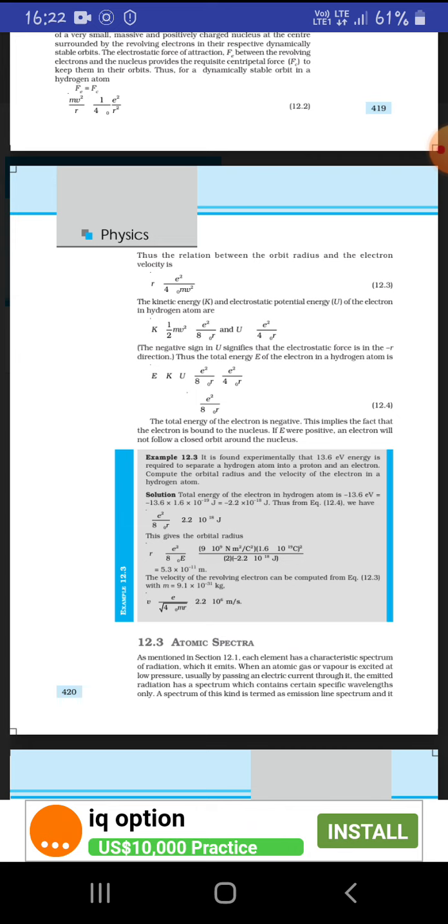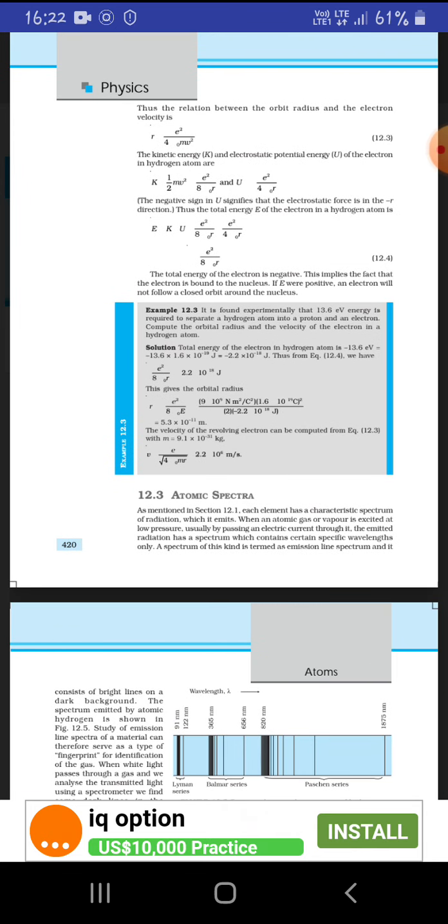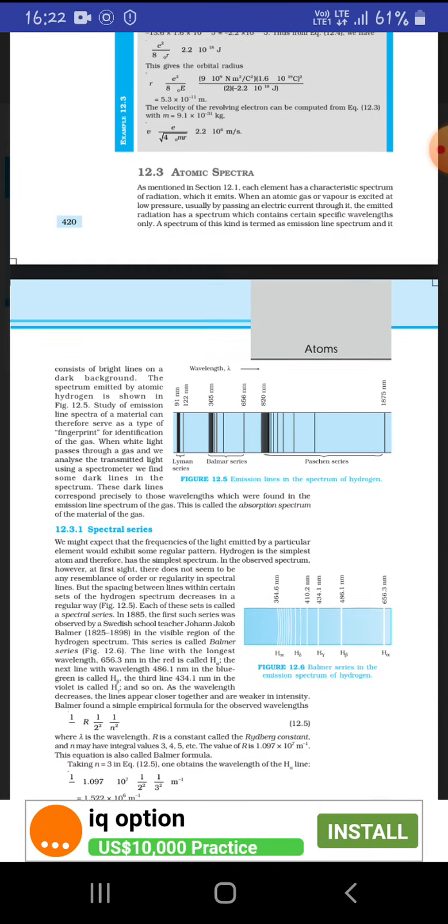So the total energy is minus e squared by 8 pi epsilon naught r, and you have to solve the sums using this formula if they are given in your final exam. One more value is e squared by 8 pi epsilon naught r equals 2.2 times 10 to the power minus 18 J, and like that you have to solve the problem.